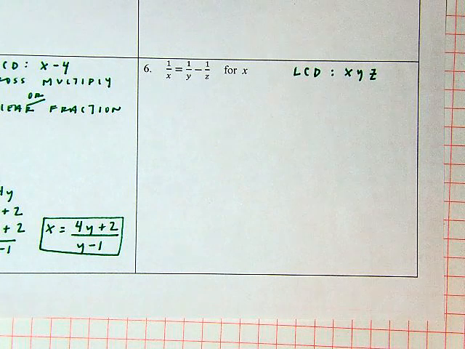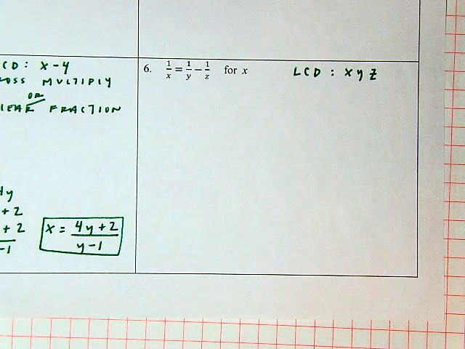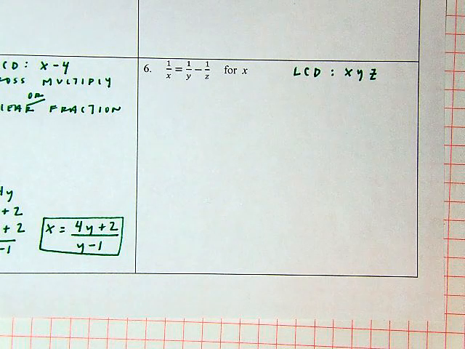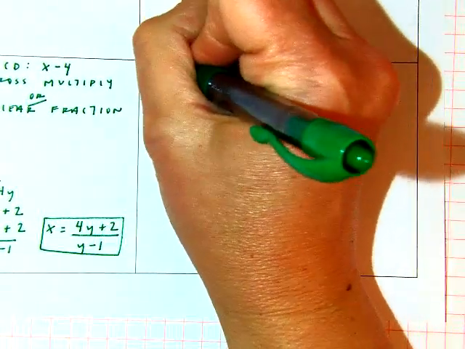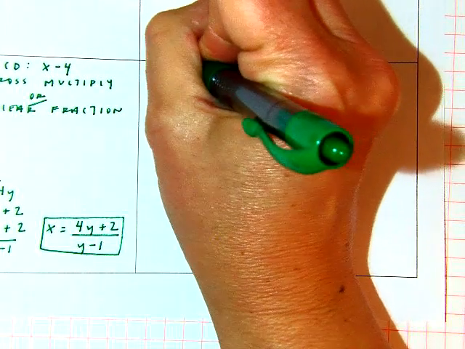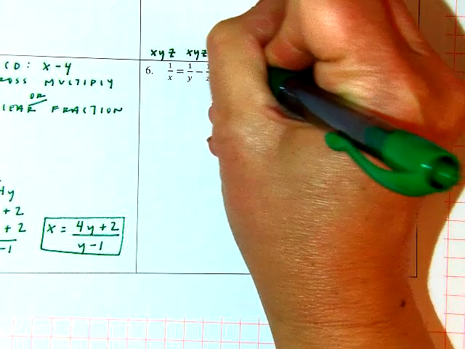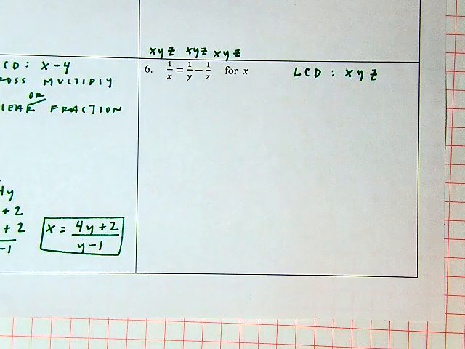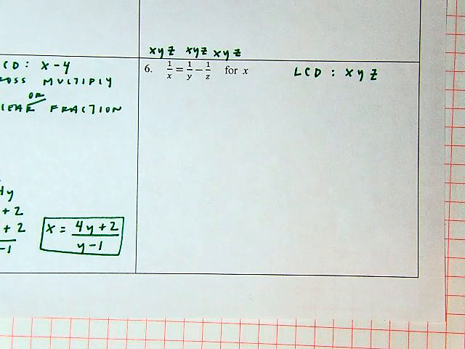So now if I want to clear my fractions, I need to multiply each term by that LCD, the xyz. So here I'm going to multiply by xyz. Here I'm going to multiply by xyz. And here I'm going to multiply by xyz. To keep my equation balanced, I have to multiply each term by the same thing.